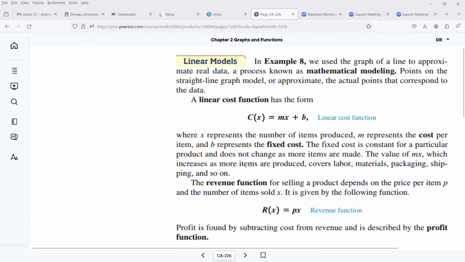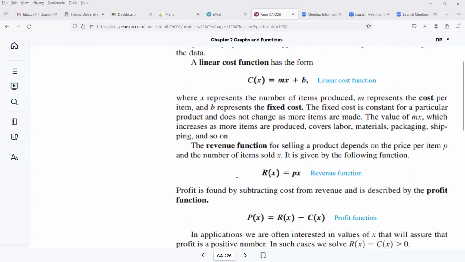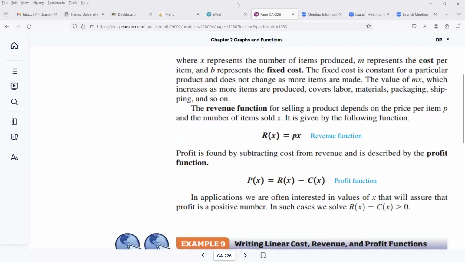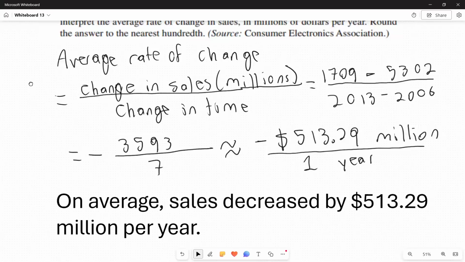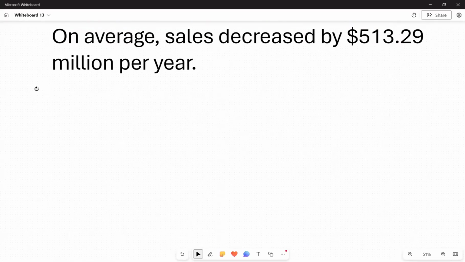The revenue function for selling a product depends on the price per item, p, and the number of items sold, x. And the profit is going to be the revenue minus the cost. So this is the application to revenue, cost, and profit.